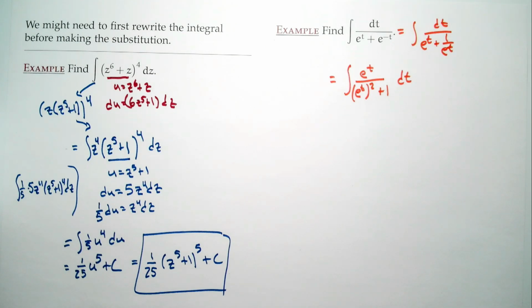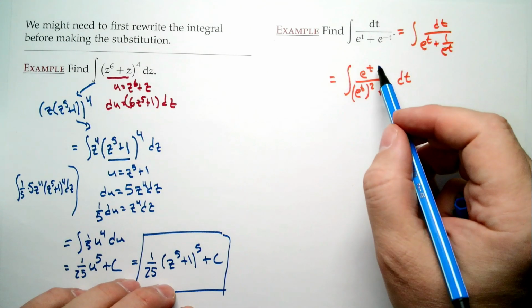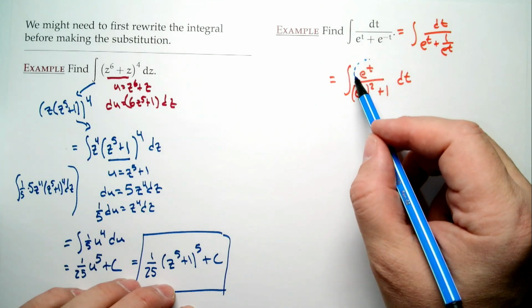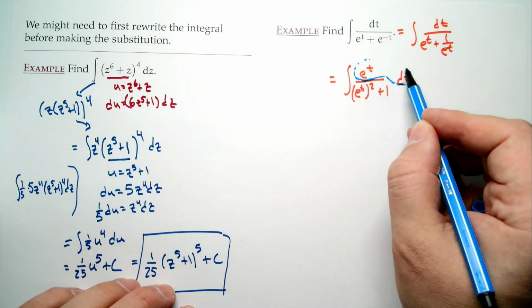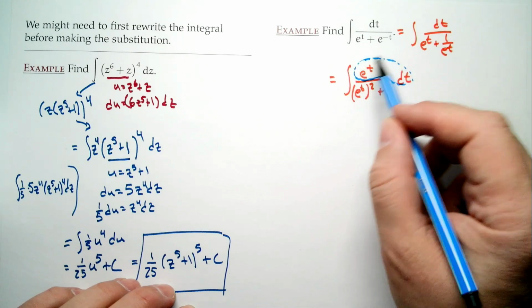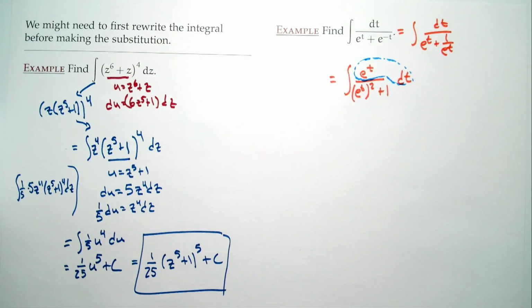I suspect an arctangent might be in our future, but not yet. So I would suggest that because I see this e to the t up here, I could think of that, oh, that might be like e to the t dt. That might be my du.